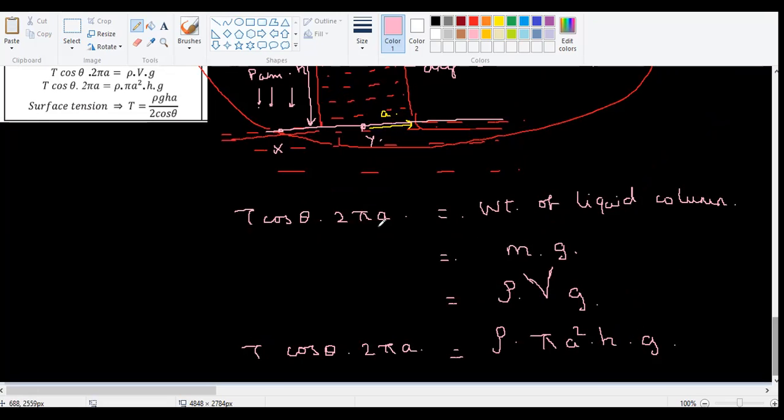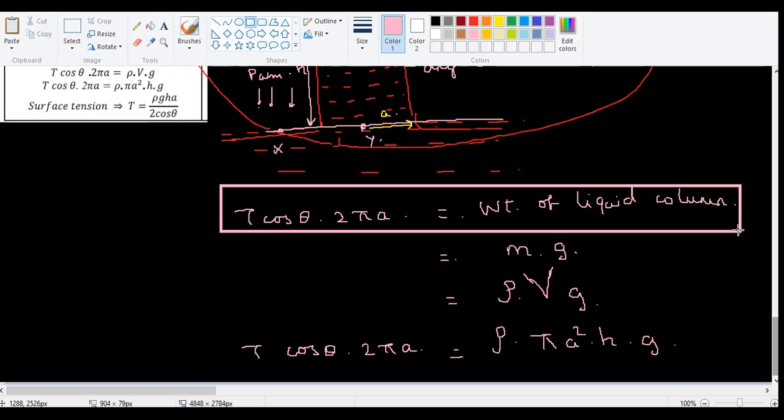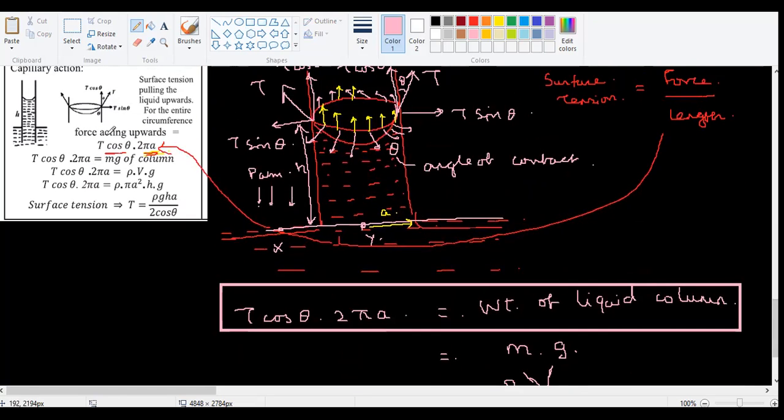That's all. So this is the underlying principle. If you don't know this underlying principle, you cannot do the derivation, you cannot understand the numericals. You can simply apply the formula and get some answers, but you don't know what it is. So that's why the principle given here is very important. Force acting upwards should be equal to the force acting downwards. So surface tension pulls the liquid upwards for the entire circumference. So force acting upwards is equal to, maybe I should have written the weight of the liquid column here.